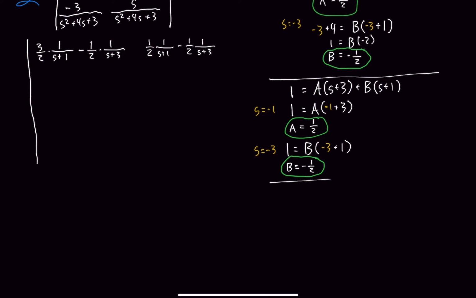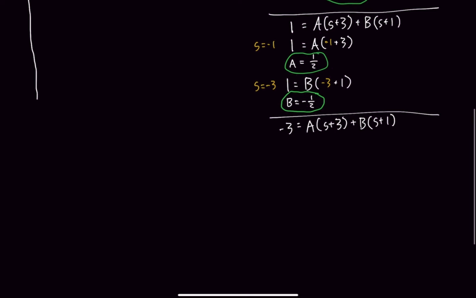Let's do the same again for negative 3. Negative 3 equals A times s plus 3 plus B times s plus 1. Let's sub in s equals negative 1.